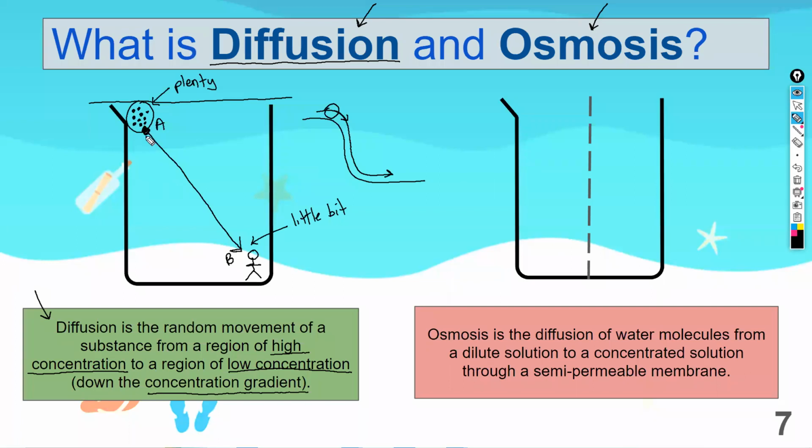So let me use it in a sentence. The concentration gradient in this scenario is from A to B. That is what concentration gradient means, the direction of motion. I want everyone to take down only this part here. The first diagram I drew and the green note only. Let me know when you are finished.